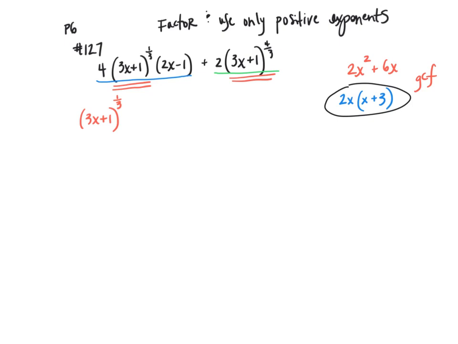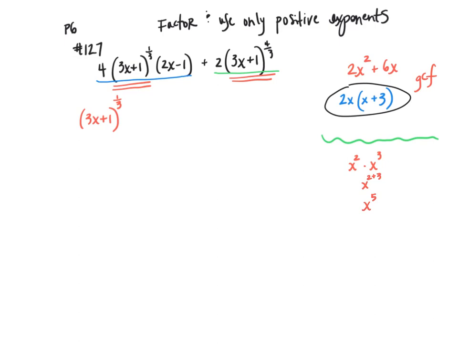When you think about your simple exponent rules, like let's say x to the second times x to the third, when you have the same base, you keep the base and you add the exponents. So that would be x to the 5th.